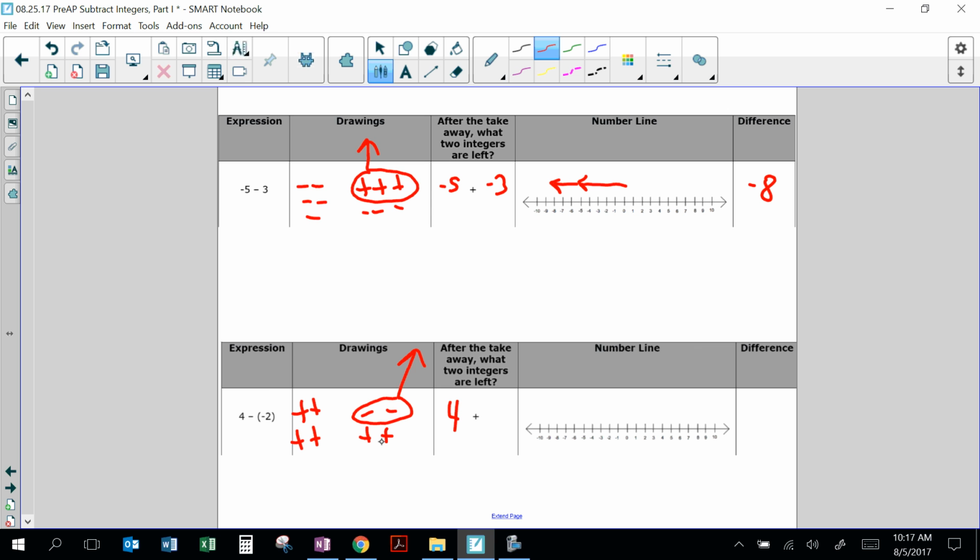I'm left with a 4, and I'm left with a 2. 4 plus 2 is 6. I go right 4, I go right 2, it equals 6. Another way to think about it is minus negative 2 is the opposite of negative 2, which is 2. 4 plus 2 is 6.